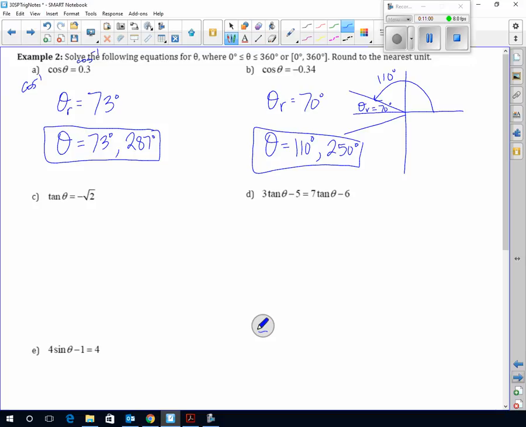And root 3 or 1 over root 3, plus or minus, right? Okay, so this is not an exact value. Again, ignore the negative. Inverse tan root 2. This is where you really have to know your calculator. 55. So again, we write theta reference is 55. Try again.